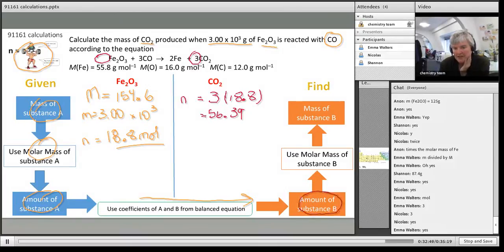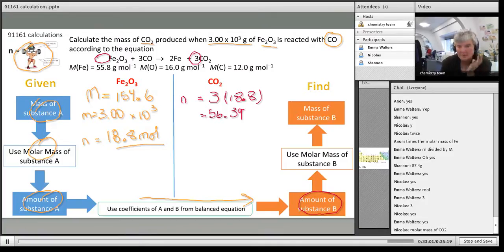I've done that. What's my next step? The molar mass, and I multiply by the molar mass. So to calculate the mass of CO2, it's going to be, from my equation, N times the big M.